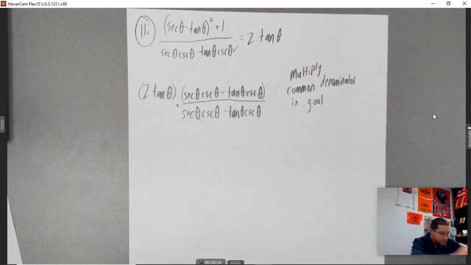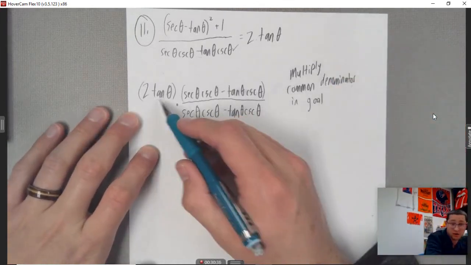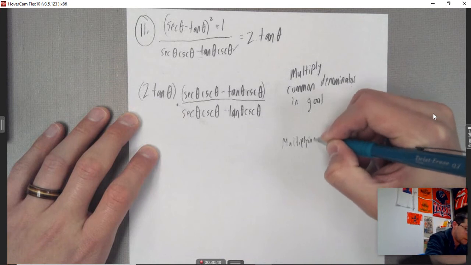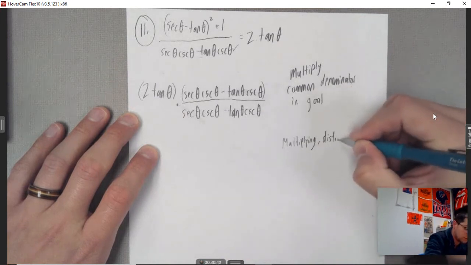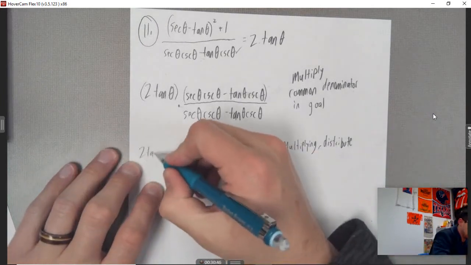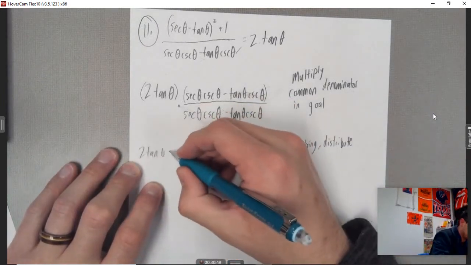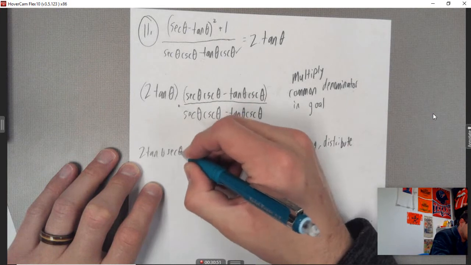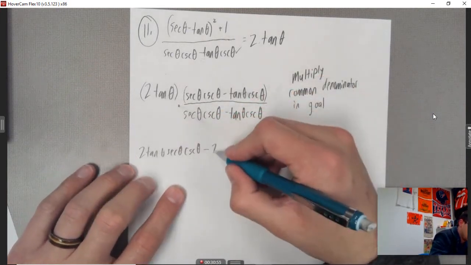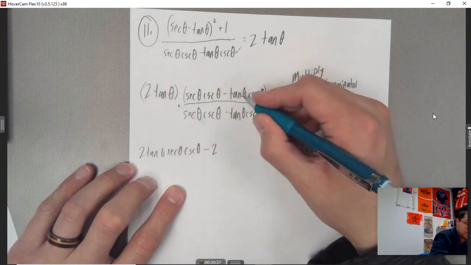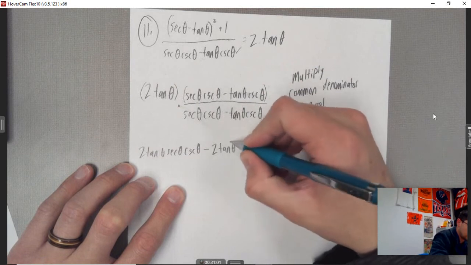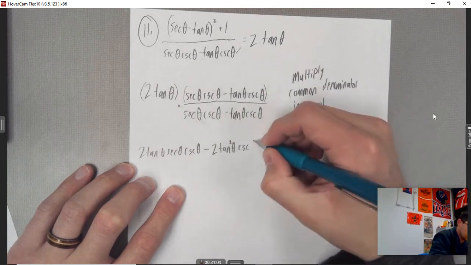So let's go ahead and do that. From here, we're just multiplying, or distributing. So we've got 2 tangent of theta times secant of theta times cosecant of theta, and then minus 2 tangent squared, right? Tangent times tangent, and then cosecant.